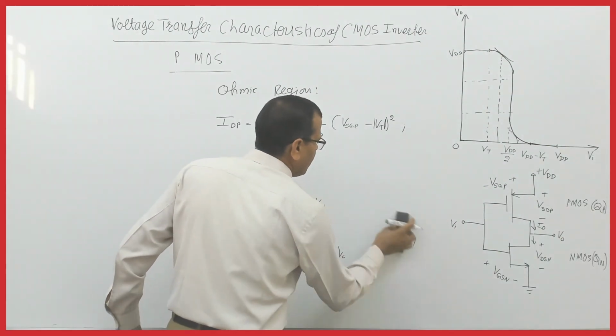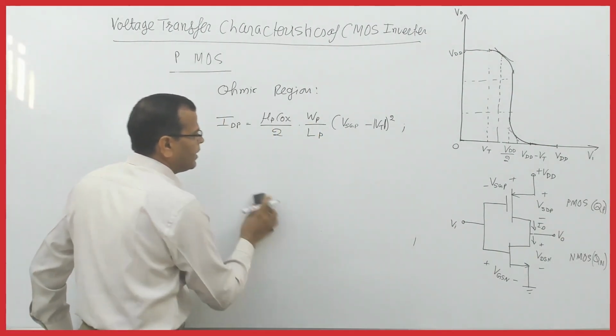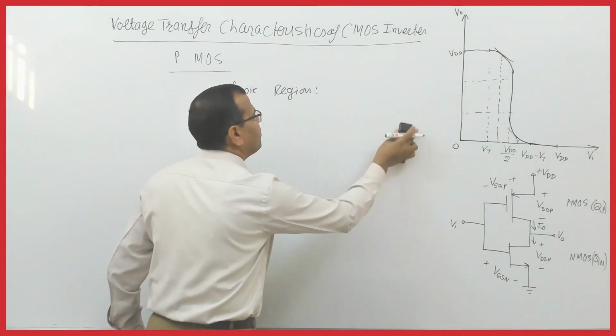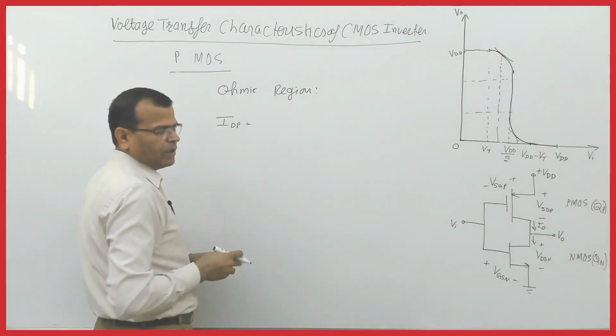just like NMOS. The expression of drain current in the ohmic region for PMOS is given by, what is the expression?